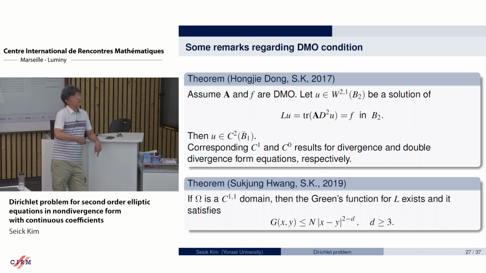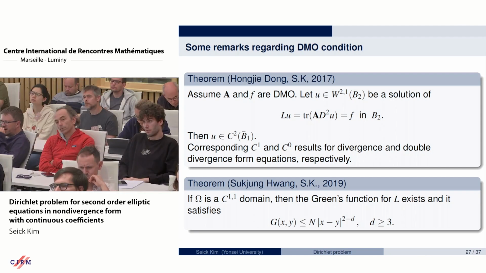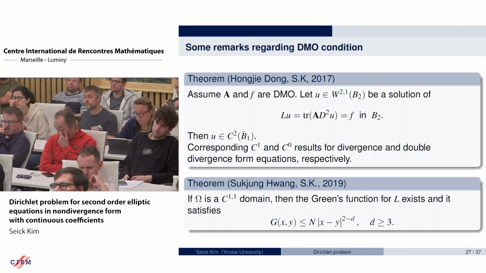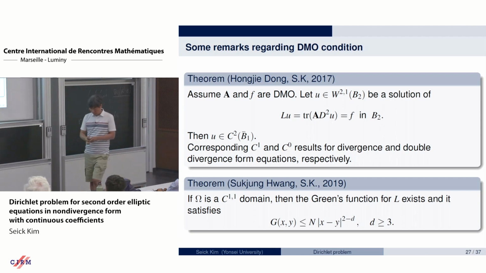This double divergence form equation is nothing but the adjoint of the non-divergence form operator. So you have D_ij(a_ij u). An operator like this is called a double divergence form operator.